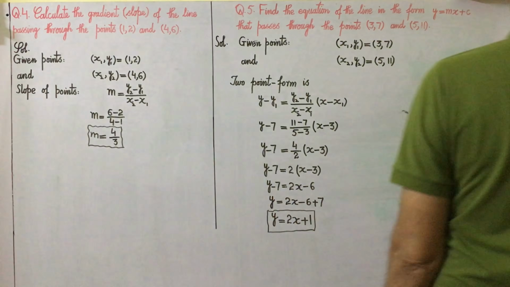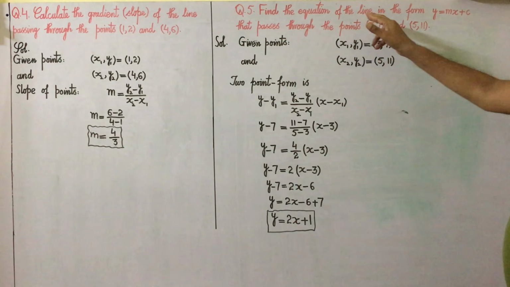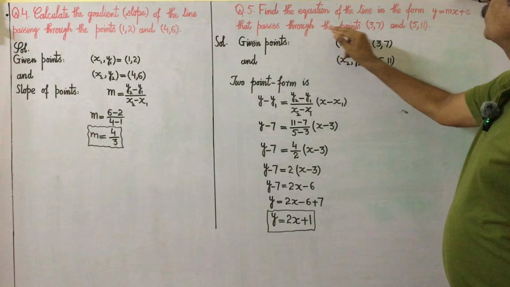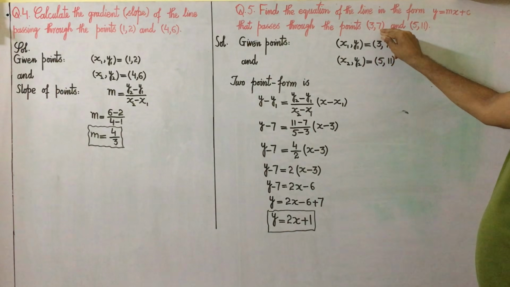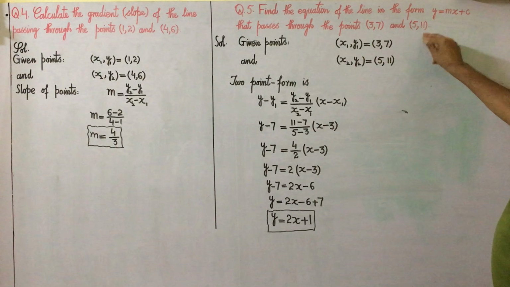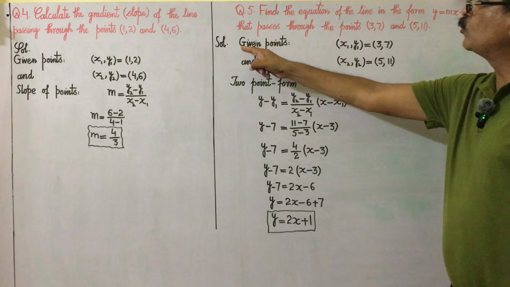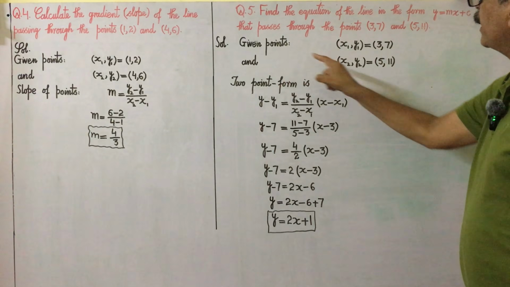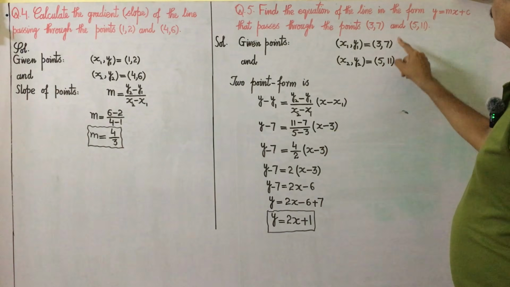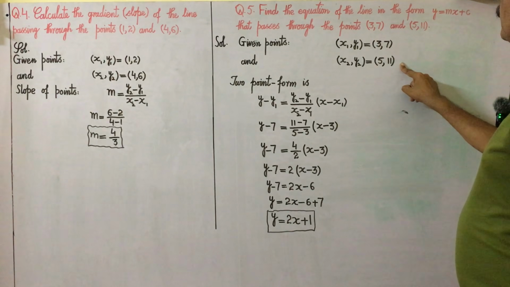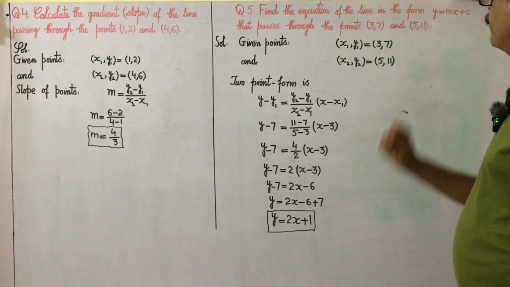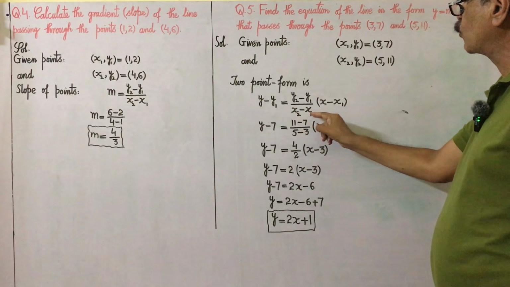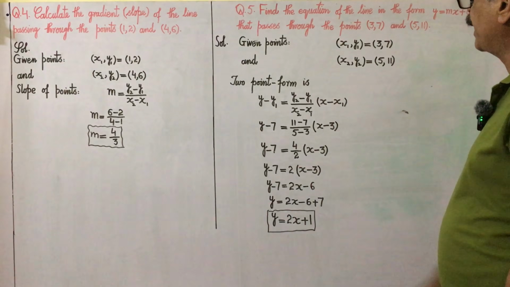Question number 5. Find the equation of the line in the form y is equal to mx plus c that passes through the points. First point is (3, 7) and second point has coordinates (5, 11). Solution: given points x1, y1 as 3 and 7 and x2, y2 as 5 and 11. Because 2 points are given, it is better we use the 2-point form, which is y minus y1 is equal to (y2 minus y1) over (x2 minus x1) into (x minus x1).